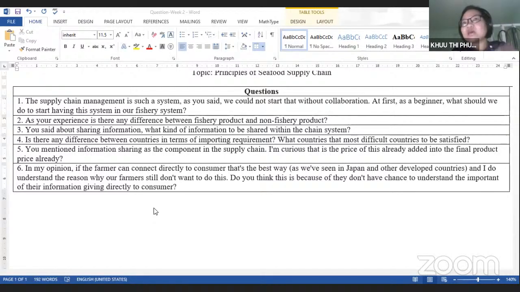So those agents don't care about the regulation of the import market. And that's why the exporters or processors cannot do anything, and they just pay the compensation cost. And it is just like a circle in fisheries in Asia, not only in Vietnam, I think, but also in other Asian countries. Okay, that's all my answers.